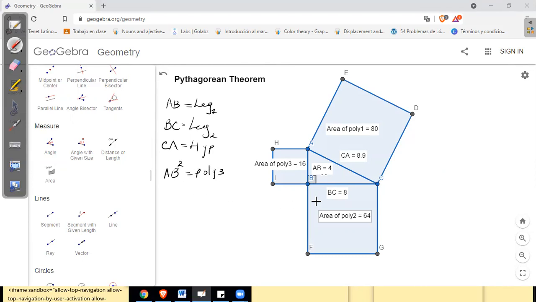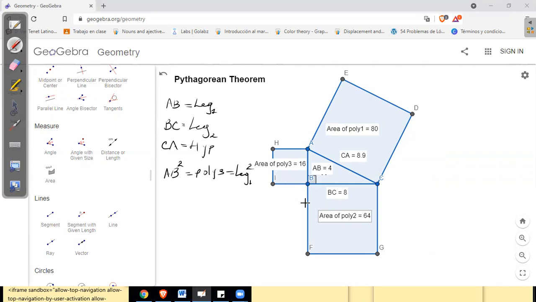And it's the same for BC, and it's the same for the hypotenuse. Now, what happens if I add the area of poly 1 with the area of poly 2?